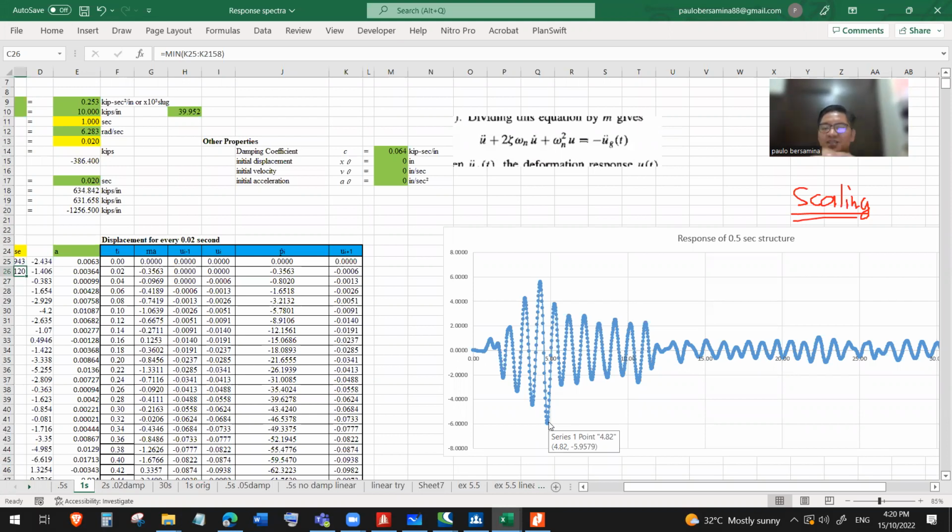So here you will realize, kumbaga we are able to show in numbers yung phenomena na nasa video last time about resonance, na yung high speed na ground motion, nagre-resonate siya or high acceleration ground motion, nagre-resonate siya sa low-rise building, no?